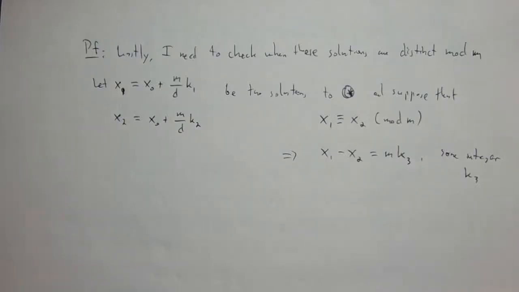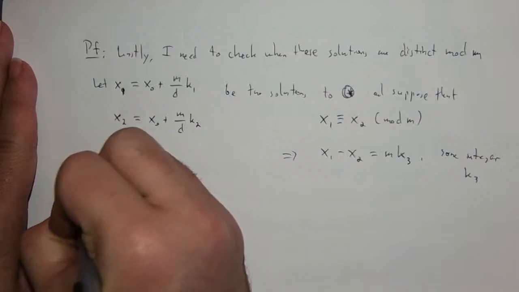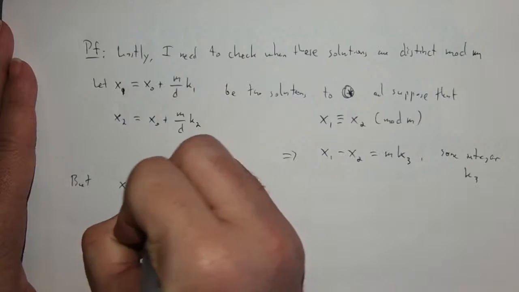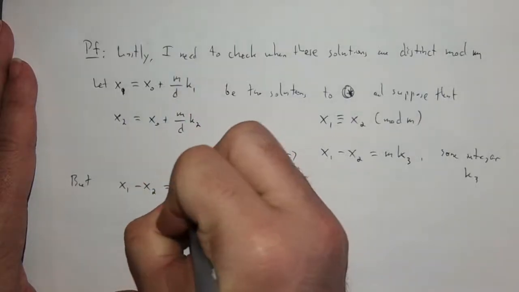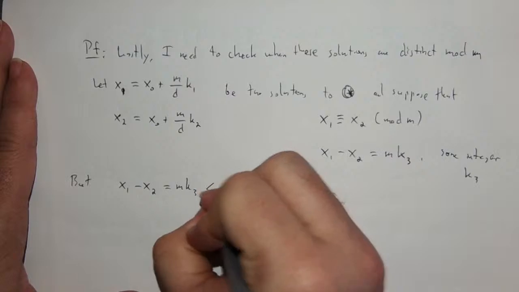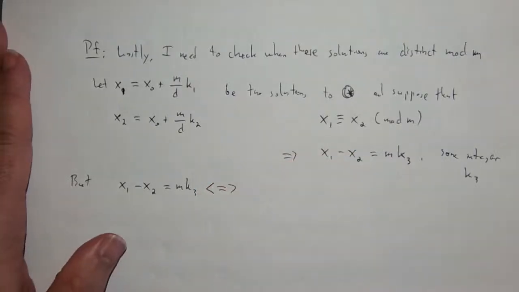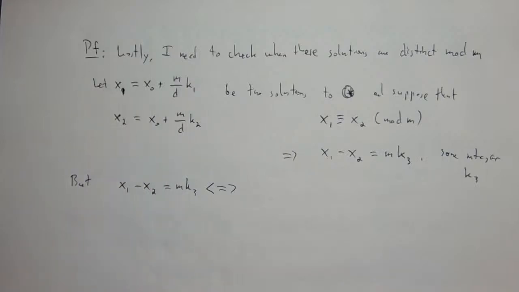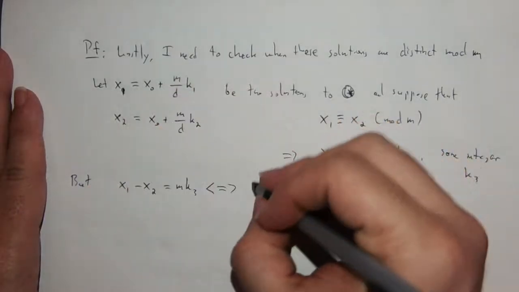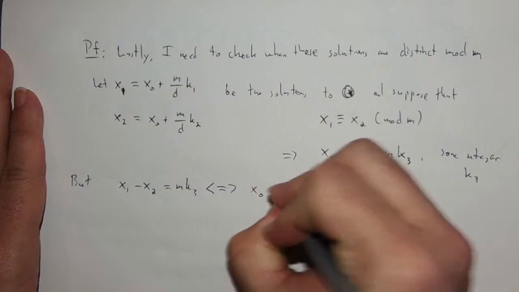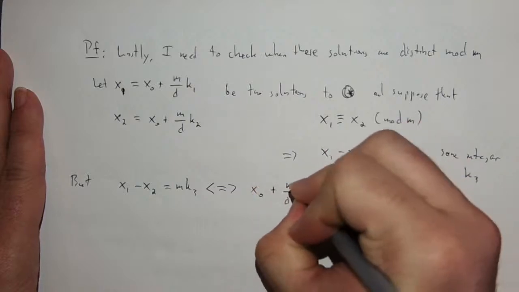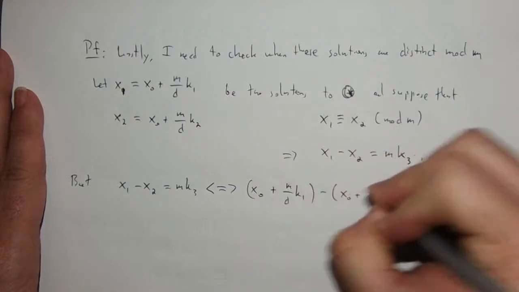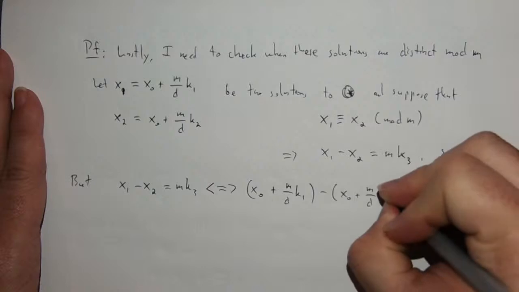Okay, but in this case, x sub 1 minus x sub 2 is a multiple of m in this way. That occurs if and only if, where we have this expression for each of these things, so I can just plug that in here. So this is x naught plus m over d k sub 1 minus x naught plus m over d k sub 2.